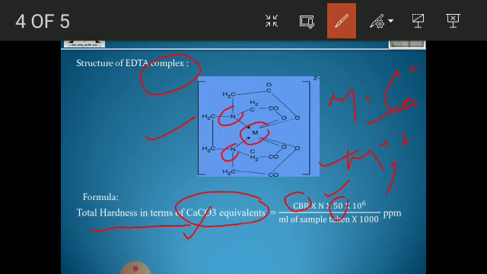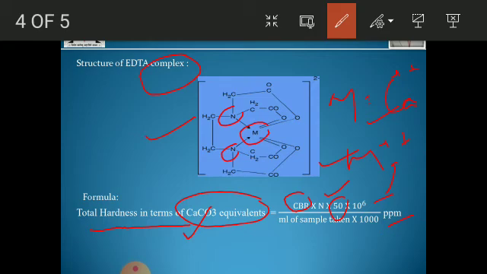N is the normality of the EDTA solution used. Then, what is this 10 raised to 6? We have to present the answer in parts per million, ppm. Million means 10 raised to 6.